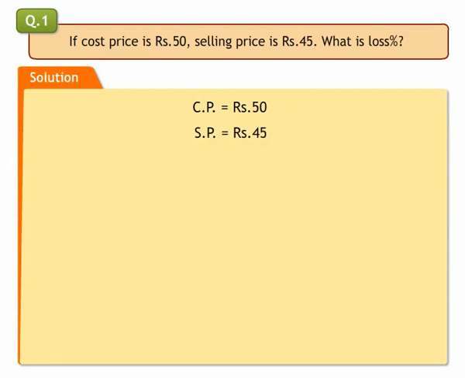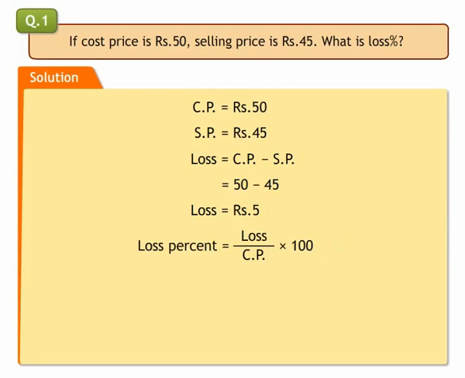Loss is cost price minus selling price, which is 50 minus 45. Loss is rupees 5. Loss percent is equal to loss upon cost price into 100. This is equal to 5 upon 50 into 100, which is equal to 10. Thus, the loss percent is equal to 10.